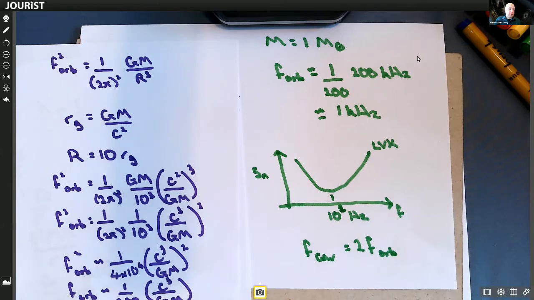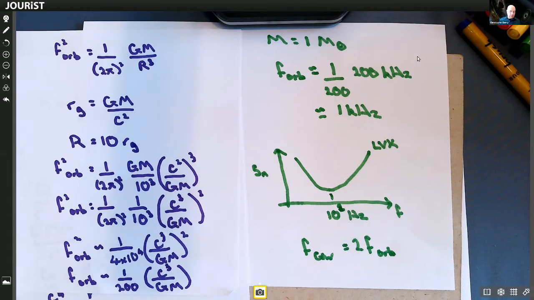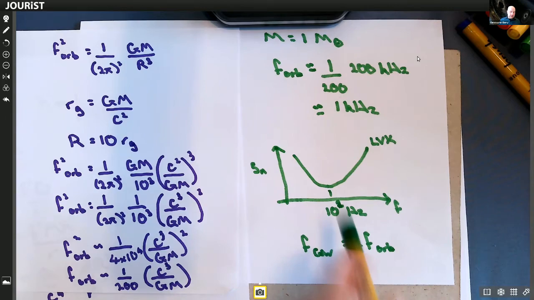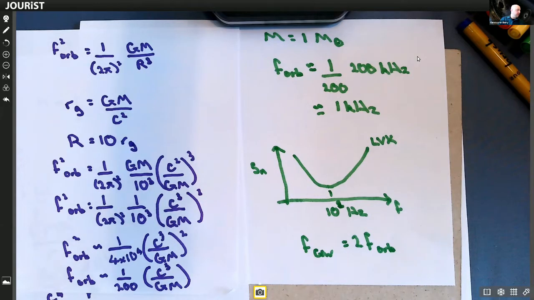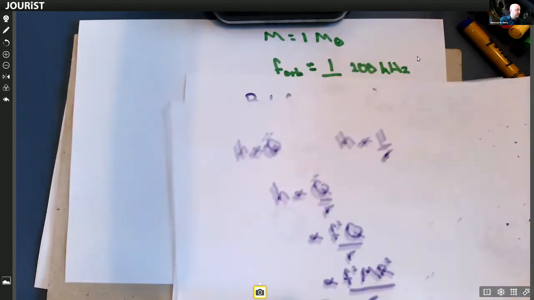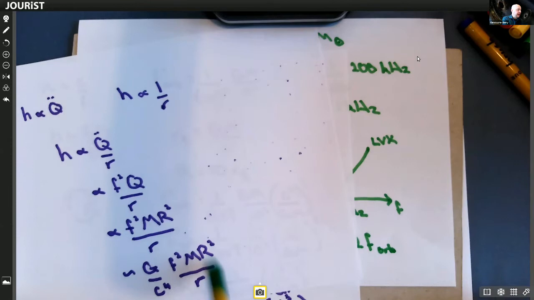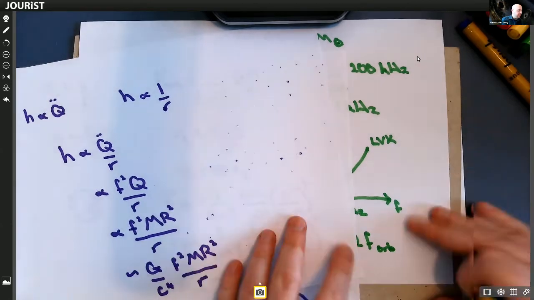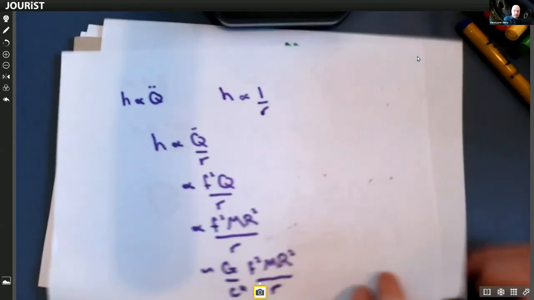Okay, why were we doing this? Well, we now have an idea of where we want to build our detectors, but we also can now go back to our gravitational wave strain because we want to have a look at our characteristic size and just check if our binary is a good source of gravitational waves.